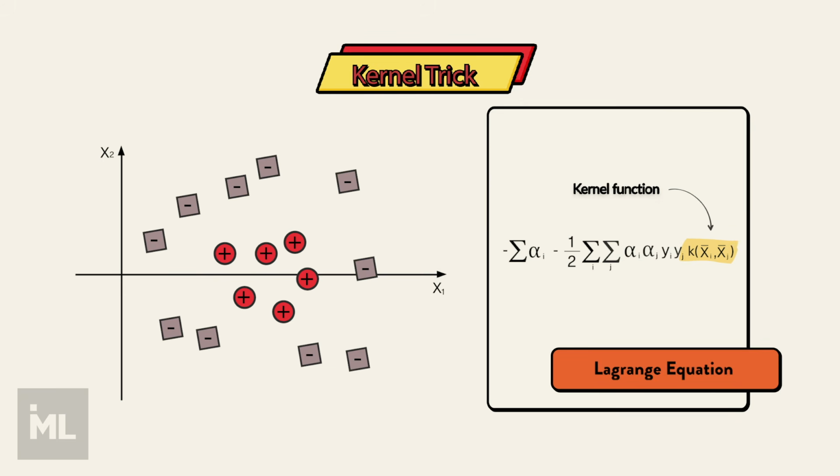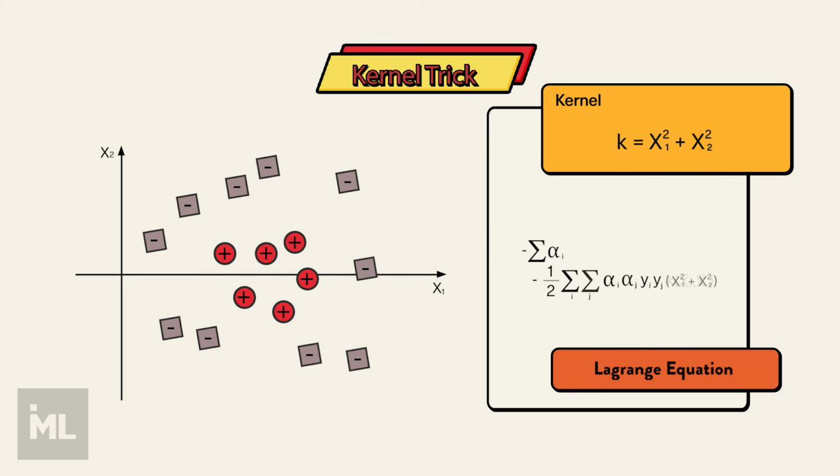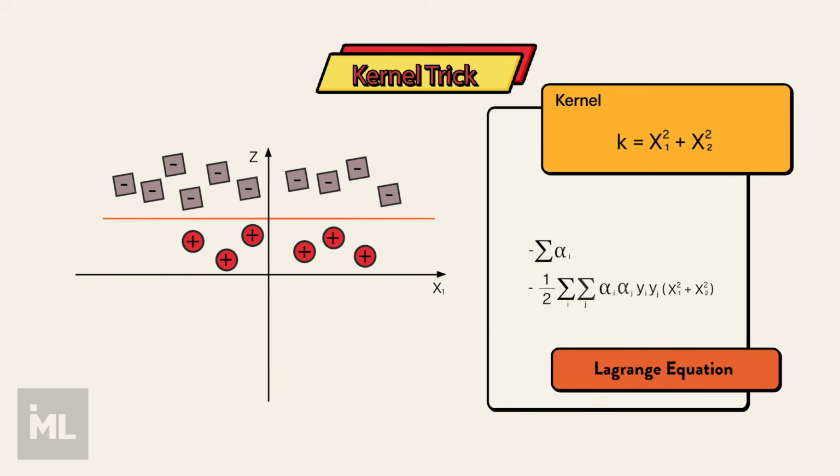So the kernel trick is to define a kernel function k and use it to replace x sub i dotted with x sub j in the Lagrange expression. This is a small but powerful trick. For this problem, we could write the kernel as x1 sub i squared plus x2 sub i squared. If we plot these samples in the new space, a clear separation is visible and a line can be drawn to separate the positive samples from the negative samples.